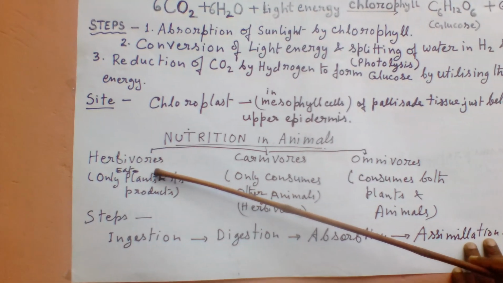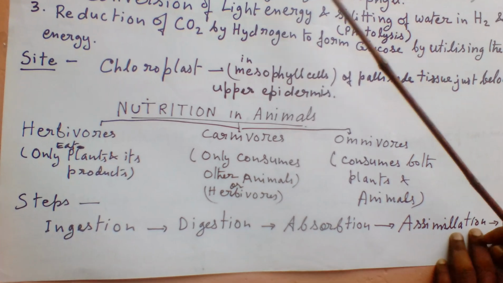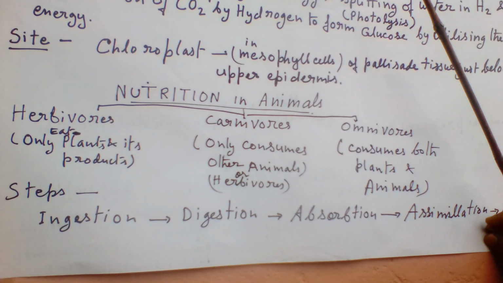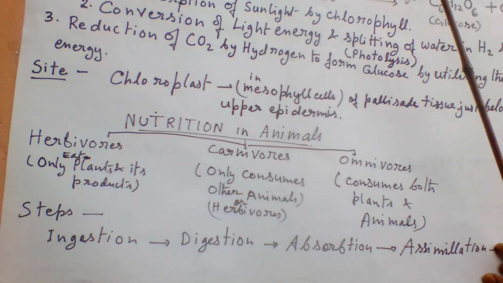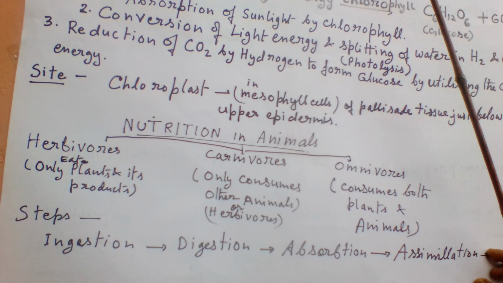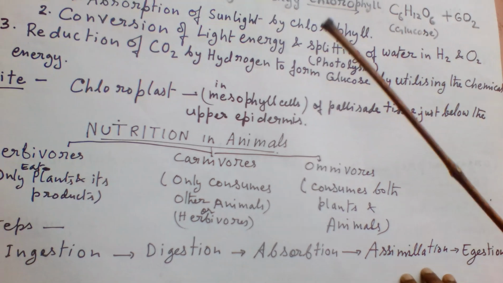So they are broadly divided into a major group called herbivores, who directly consume plants and plant products. They may be goat, sheep, cattle, and many others.